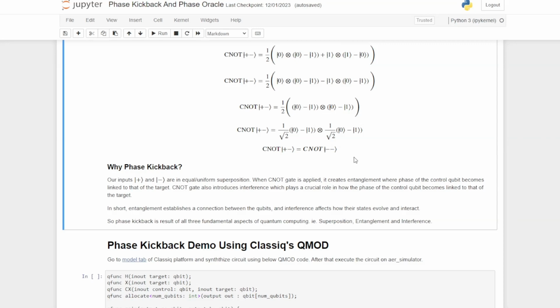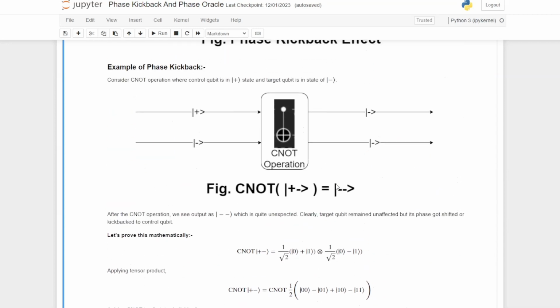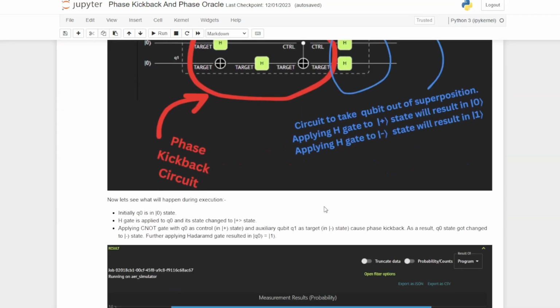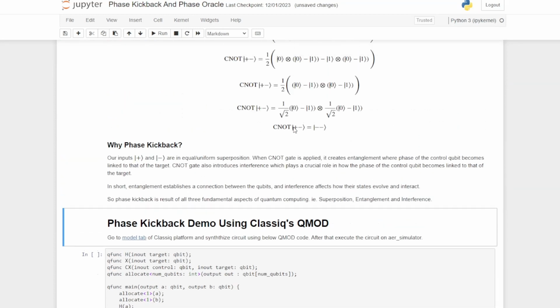So we can say that C naught of plus minus is equal to minus minus. Here is a minor mistake. It should not be C naught of minus minus. Instead it should be just minus minus. So C naught of plus minus is equal to minus minus.